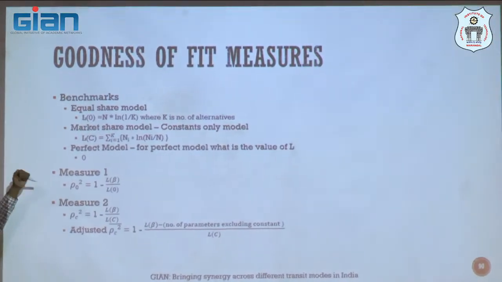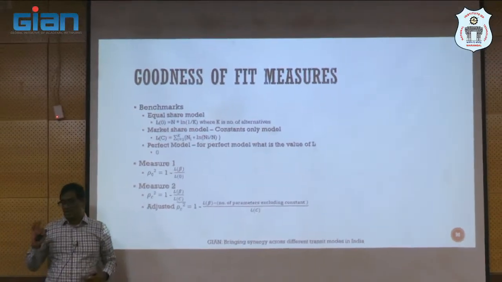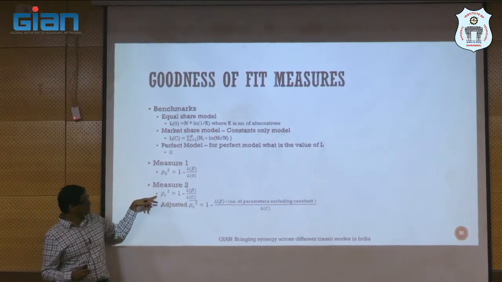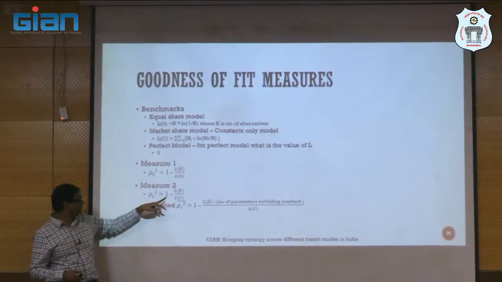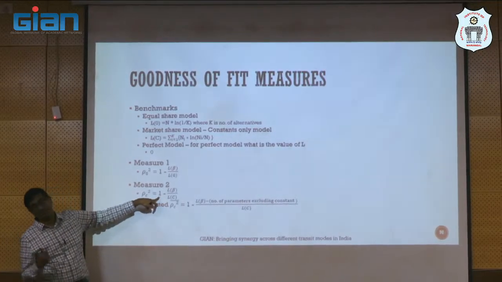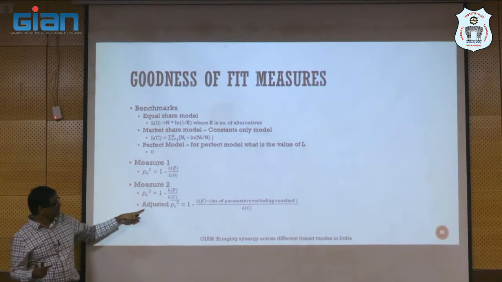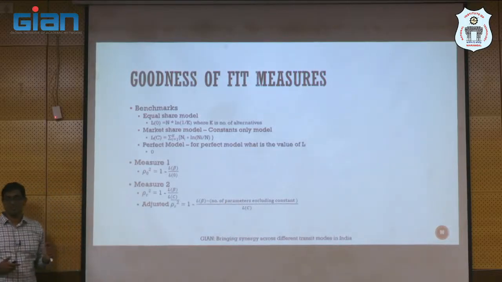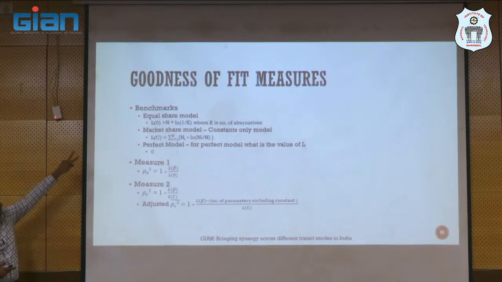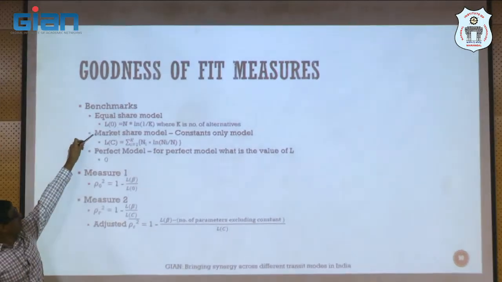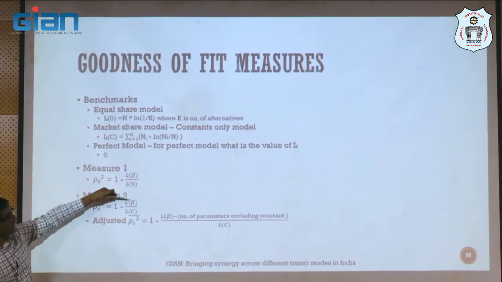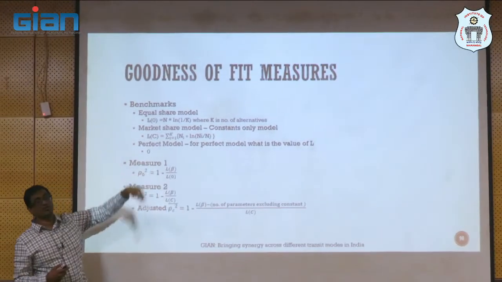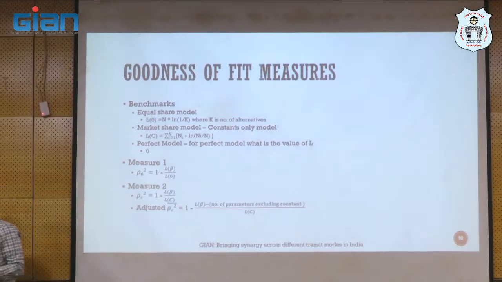Again, rho naught square will always be higher than rho c square, but rho c square is the more accurate one to write. Just like we have R square and adjusted R square, there is a penalty for parameters used in the adjusted rho system. So these are all metrics that come. If you know L0 and LC and your log likelihood for your model, you can compute any of these metrics. Okay, any questions?